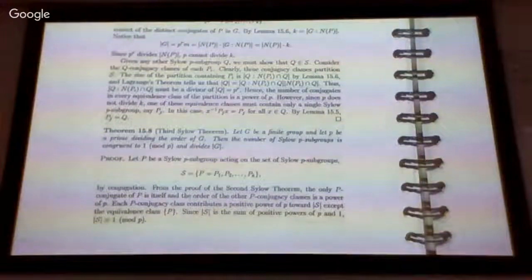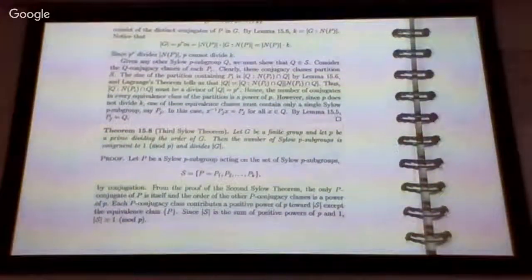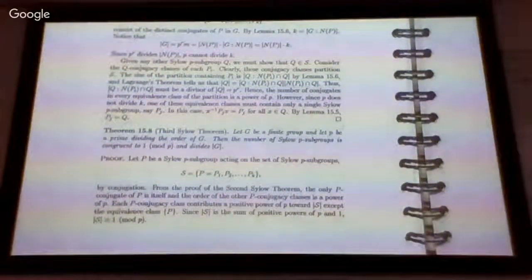So if you look at the orbit of P, that's the general terminology from group actions, but the specific terminology we use here is the conjugacy class. The conjugacy class of P, the orbit of P is the general term.